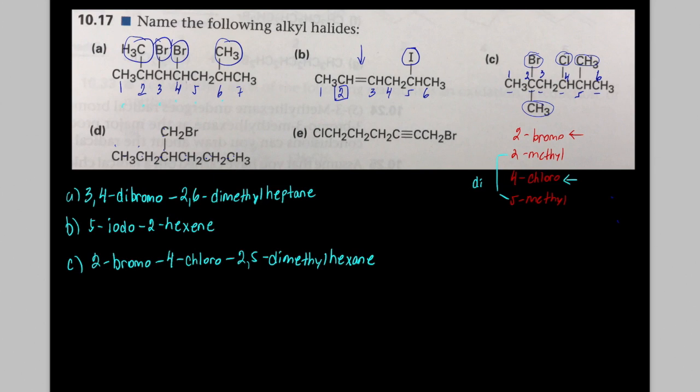So if you wanted this group here to be part of the longest chain, you could number it this way, and this would be an ethyl group attached to carbon 2. So that's only a pentane chain, right? But if you numbered it this way, that is a hexane chain. So I would argue that that's probably better, okay?